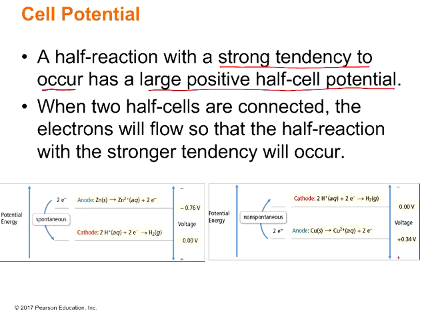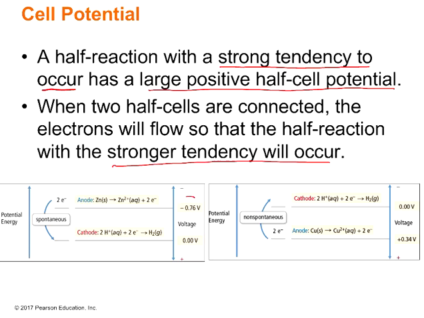So when two half cells are connected, the electrons will flow so that the half reaction with the stronger tendency will occur. Looking at our zinc and copper reactions here, if zinc is oxidized, that's spontaneous.